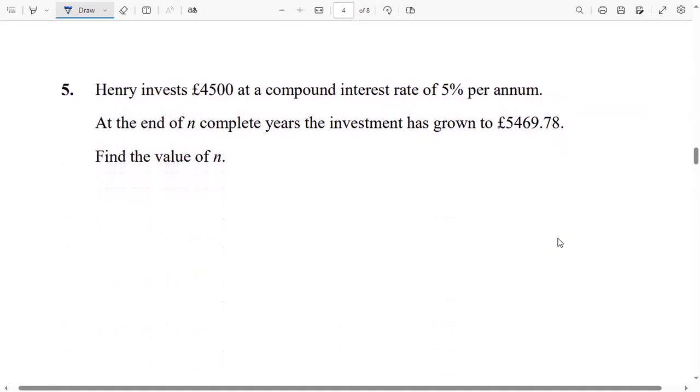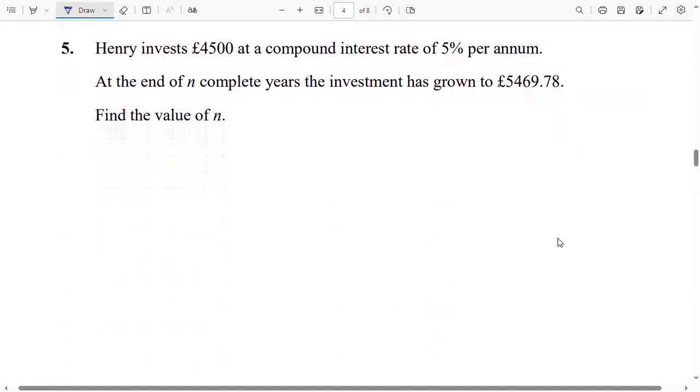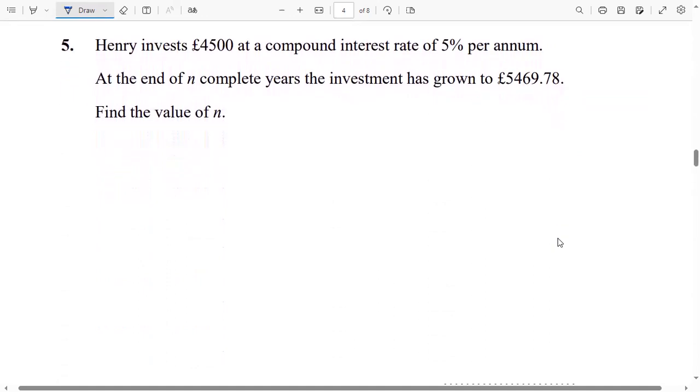In question 5, let me solve this one. Henry invested 4,500 pounds at a compound interest rate of 5% per annum, or per year. At the end of n complete years, the investment had grown to 5,469.78. Find the value of n.